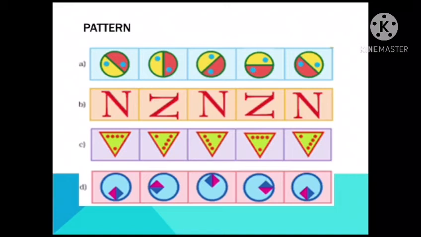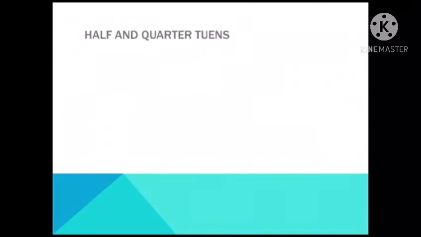The same like N also rotates. If you see the triangle is the same, but the number of dots and the shape of the dots are changing their position. So based on the observation, we will continue it. A pattern is nothing but everything follows the same process, so we have to find the process and apply the same to the following. Okay, this is what a pattern is.